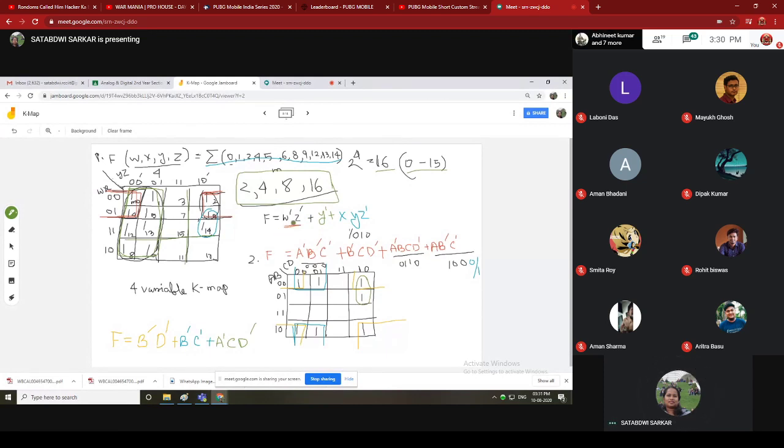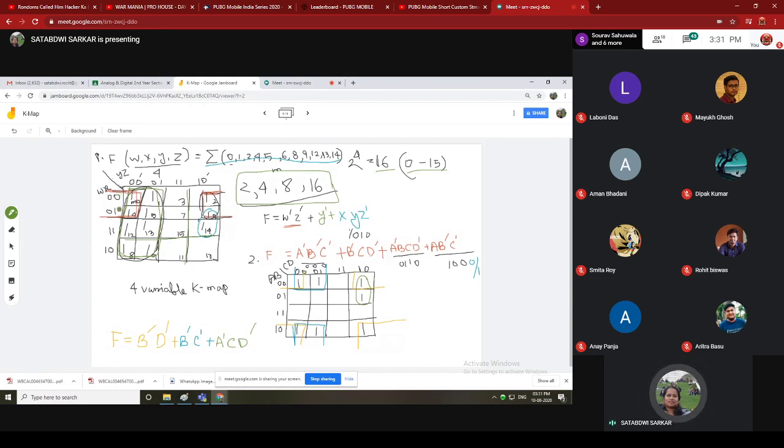Now see this group with M2, M6, M0, M4. The value of W is the same, 0, 0, that is W bar. And Z is changing.